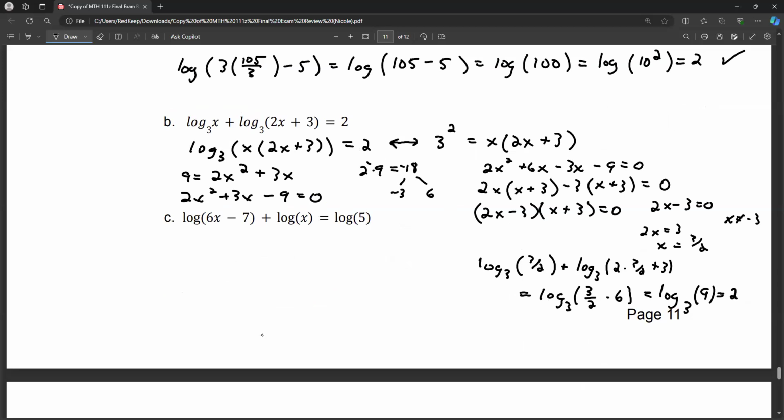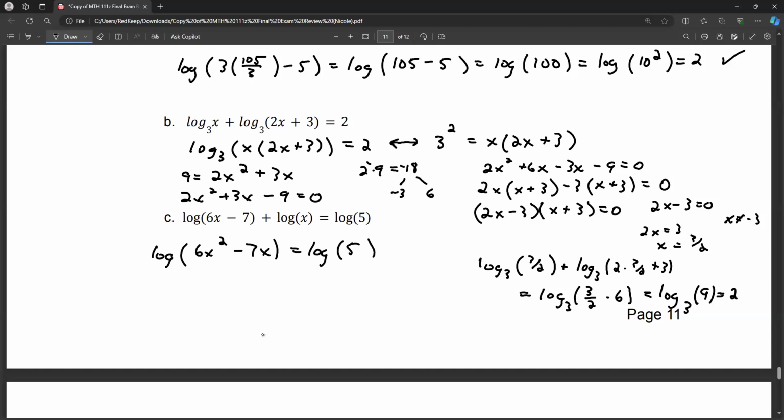I think here, again, since these are both the same base, assumed to be log base 10 here since it's not stated, I would multiply the arguments right away. And so I can go ahead and do two things at once here and distribute that to both of these, to 6x squared minus 7x is equal to log of 5.